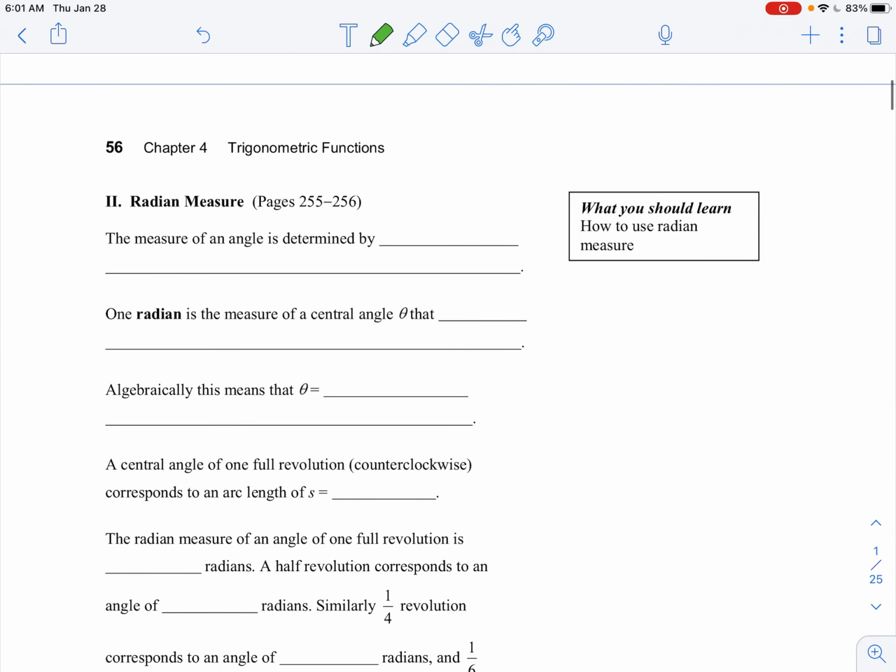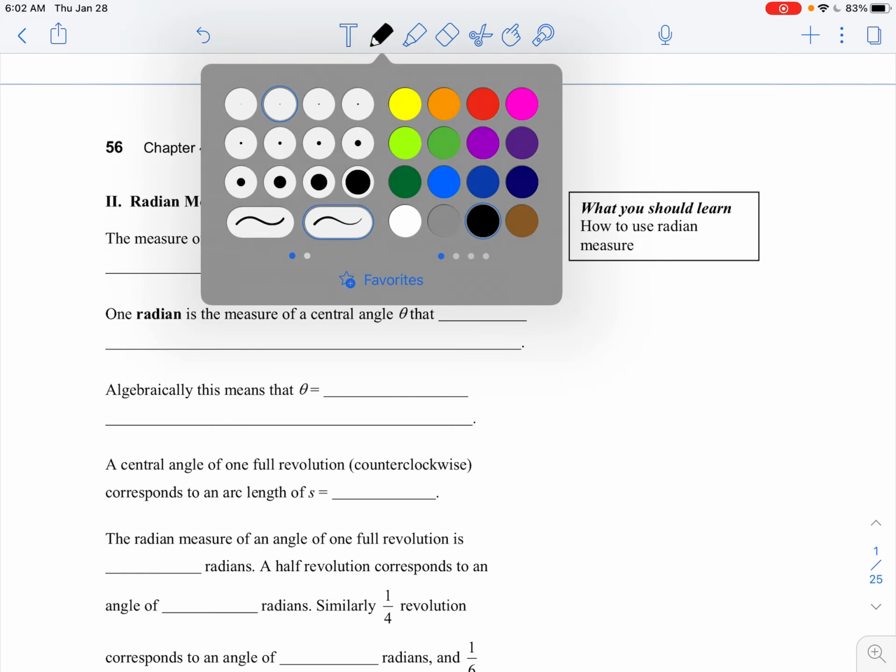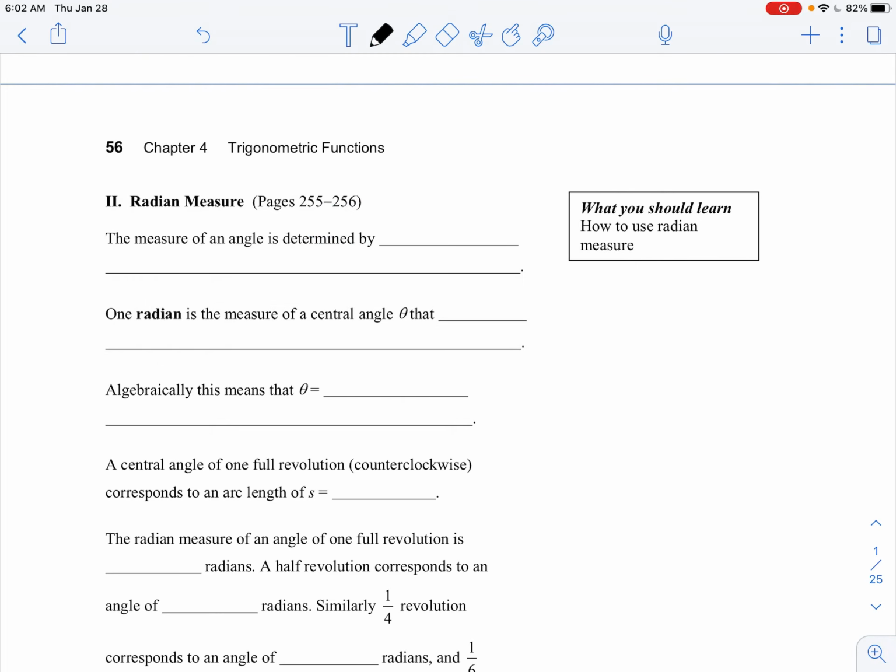All right, next page. So let's talk about what radian measure is. Hopefully, this is not completely new terminology for you, but let's go over it, okay? The measure of an angle is determined by the amount of rotation from the initial side to the terminal side.